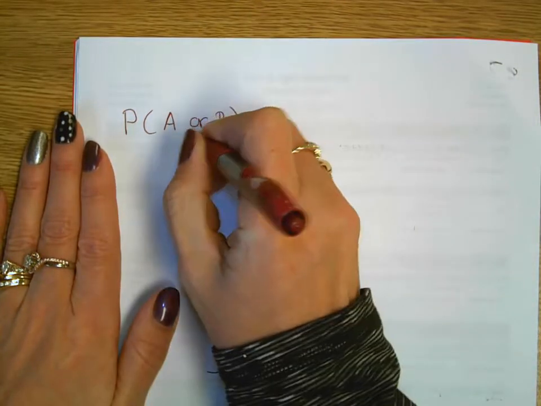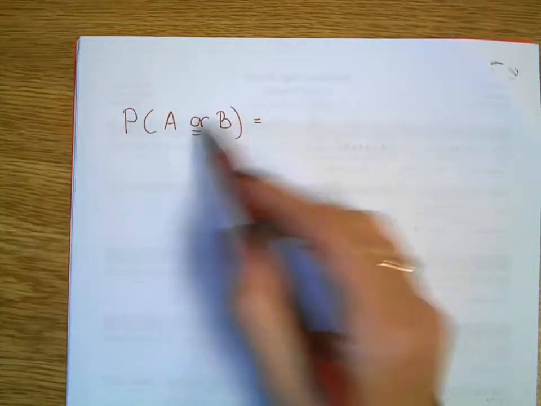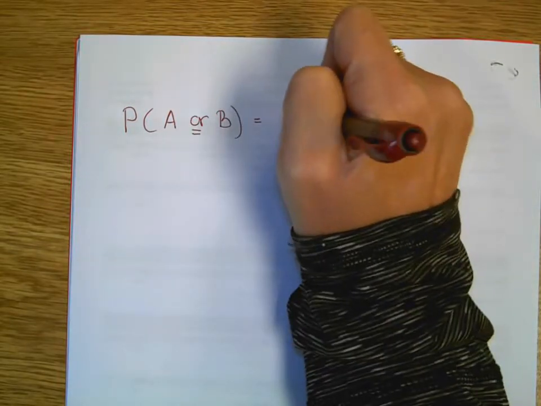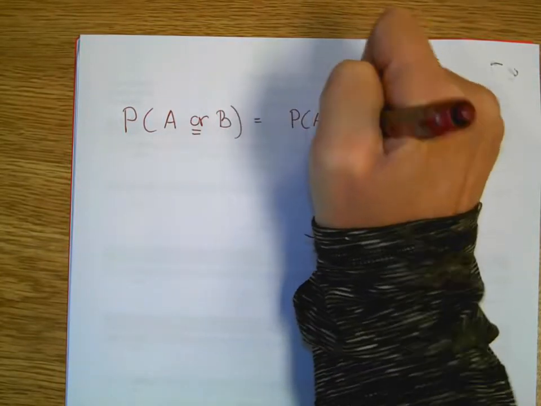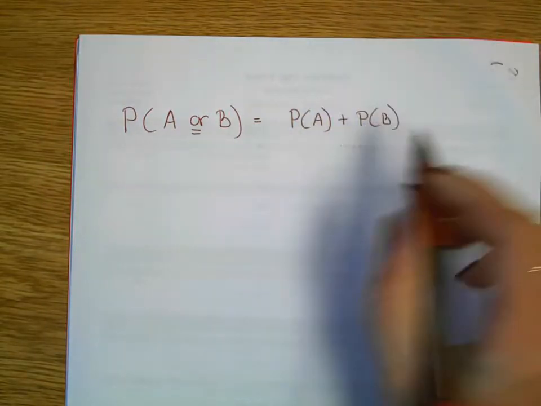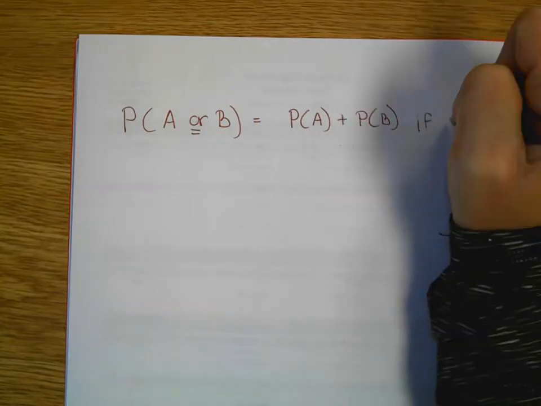Okay, when you have the word or, we just finished with and we would multiply probabilities. With or, we have to add the probabilities together. So it's the probability of the first one happening added to the probability of the second one happening. But that's only true if they are mutually exclusive.